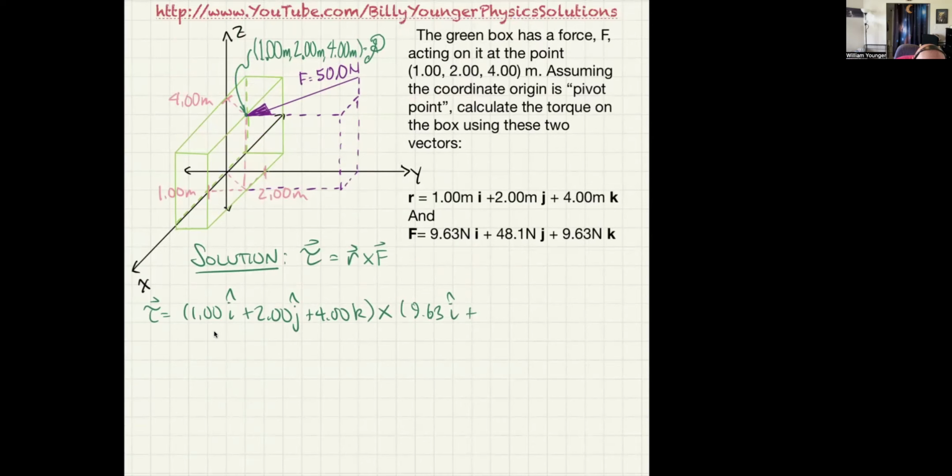So I'm going to do it like this. Let's say the y component and the z component are both negatives, so it should be minus 48.1 newtons, or excuse me, without the units, 48.1 j hat, and then minus 9.63 k hat.